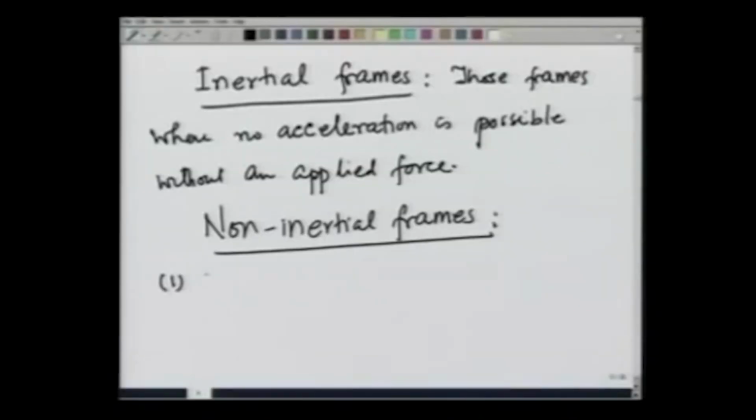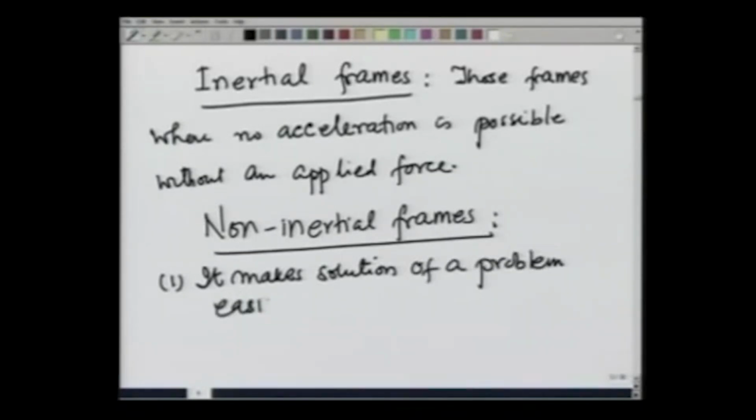Number one, it makes the solution of a problem easier in certain situations. And two, as I already commented, the idea of an inertial frame is an ideal one, and in real life most frames are non-inertial and sometimes their effect is measurable.